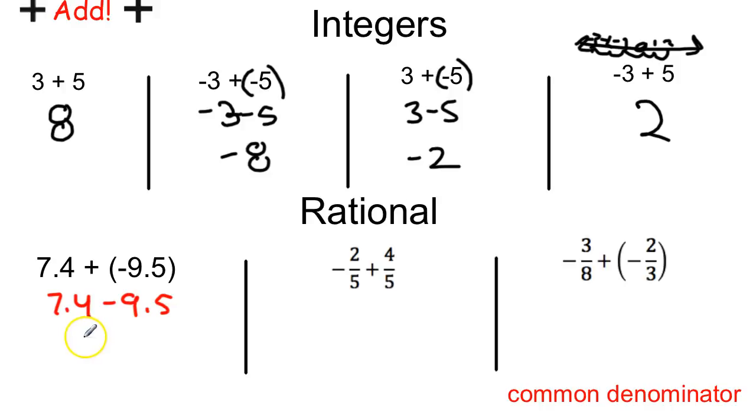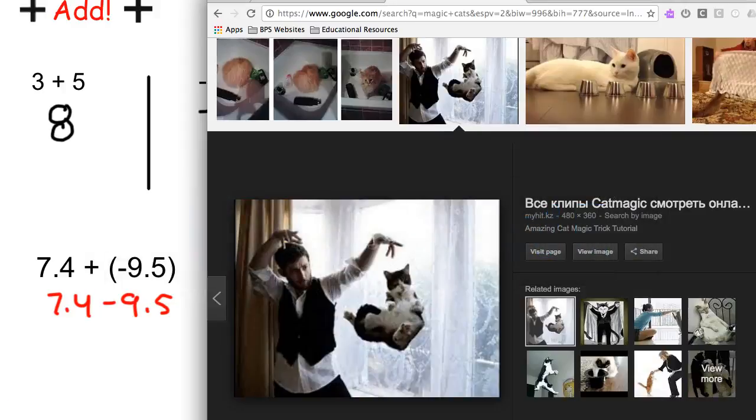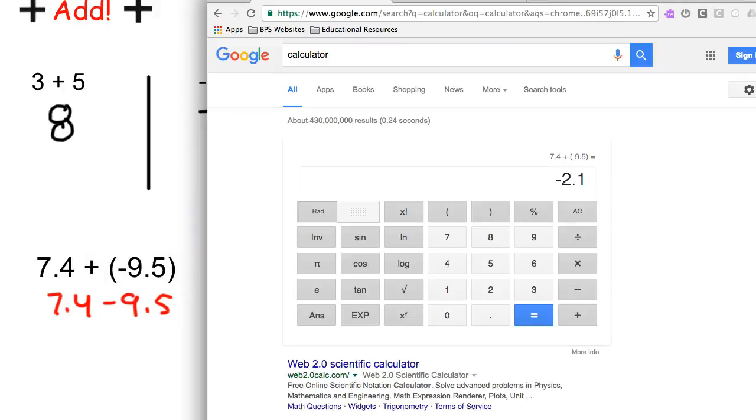Again, we have calculators everywhere, so we can just stick this in a calculator. So let me go to my calculator. Oop, wrong page. So what we're going to do is just type it into the calculator. 7.4 minus 9.5. That equals negative 2.1. You can also use parentheses in the calculator too.